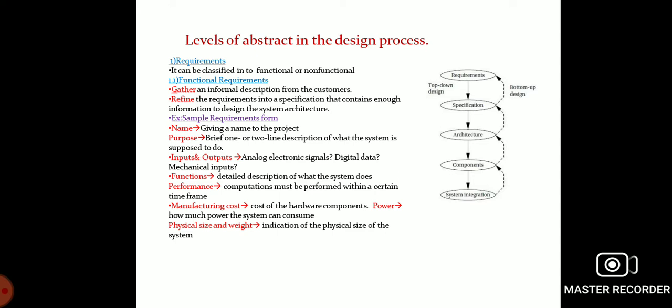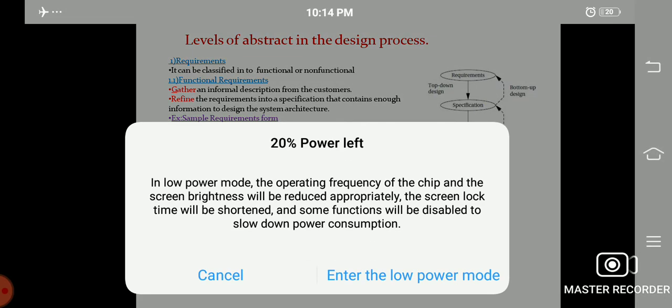Functions are a detailed description of what the system does, and performance is the computation that must be performed within a certain time frame. Then manufacturing cost is the cost of the hardware components, and power is how much power the system can consume. Weight and size indicate the physical size and physical weight of the system.